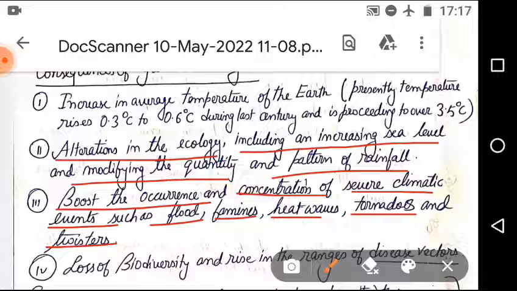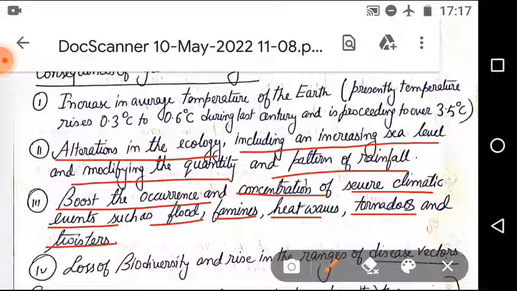So due to the increase in the temperature of the earth's surface, it speeds up the rate of formation of severe climatic conditions, like tornadoes, hurricanes, cyclones, floods, famine, heat waves and twisters. Actually, this type of severe climatic event does not occur periodically, it occurs rarely.